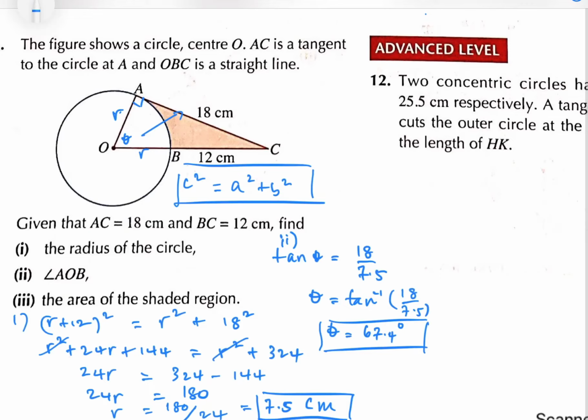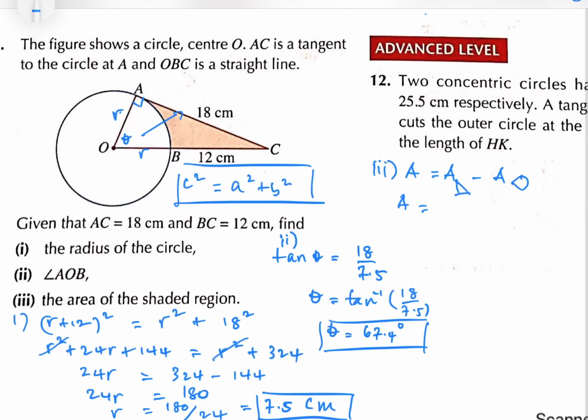Okay, now solving for the area of the shaded region. This is just equal to the area of the triangle, which is the right triangle, minus the area of the sector.